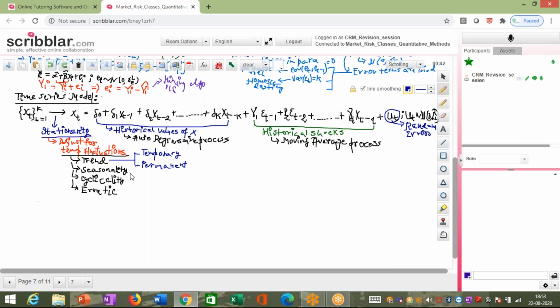The next part that we have over here is seasonality. Seasonality always creates non-stationarity, and it needs to be treated. One of the important things is that we need to identify it, and then we need to treat it.